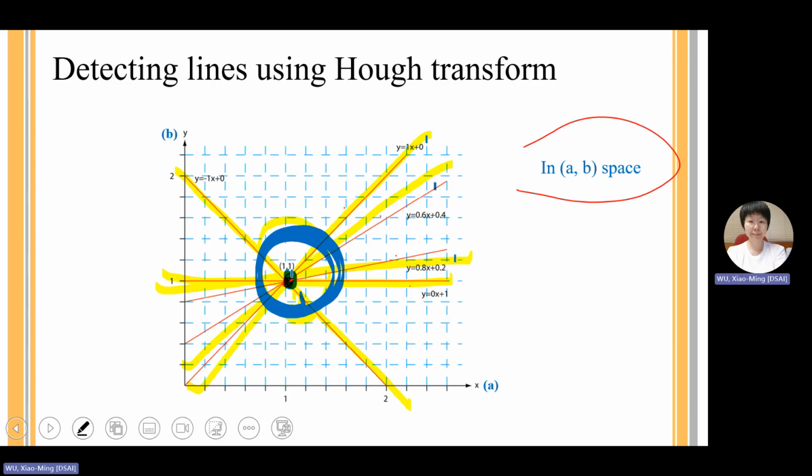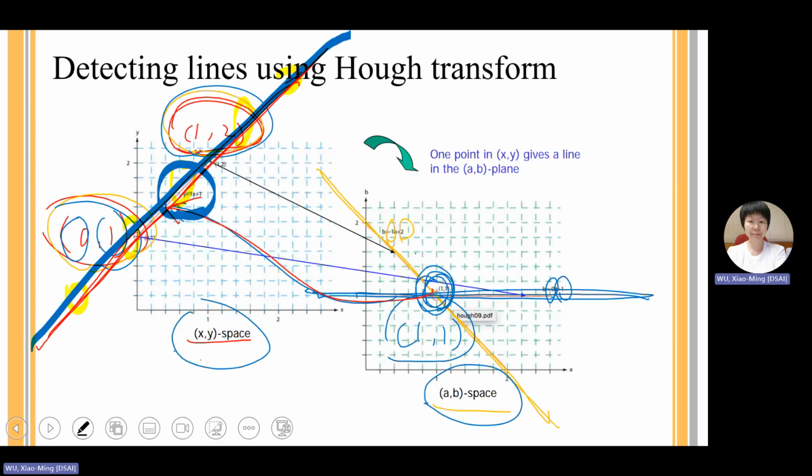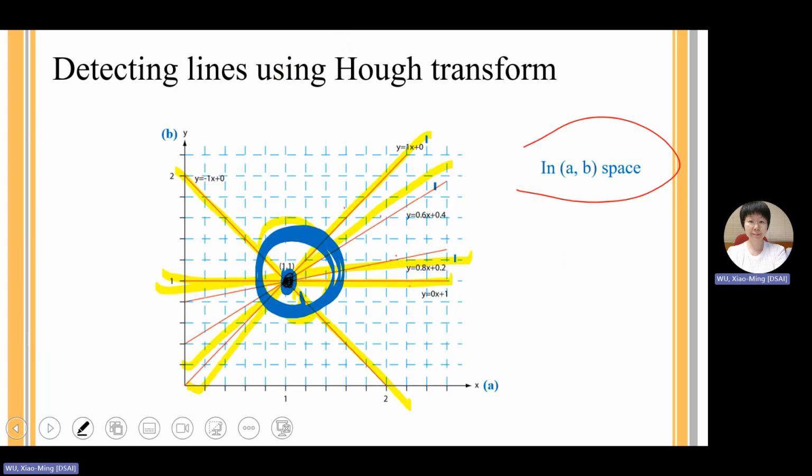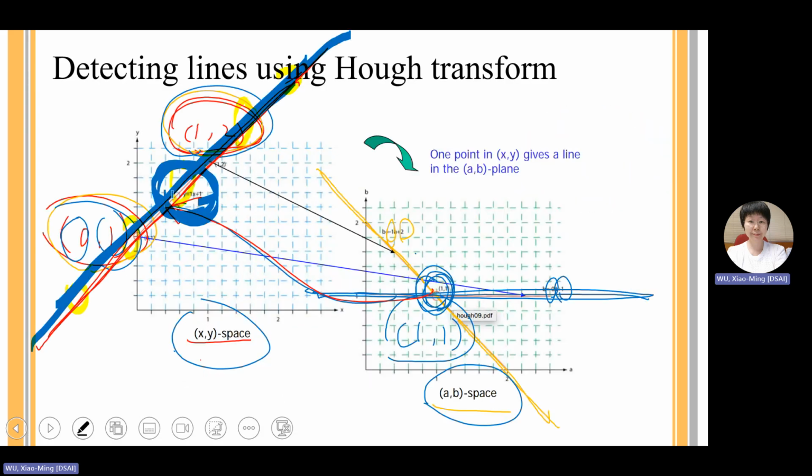Their intersection 1, 1 gives the parameters of the line that we want to identify.